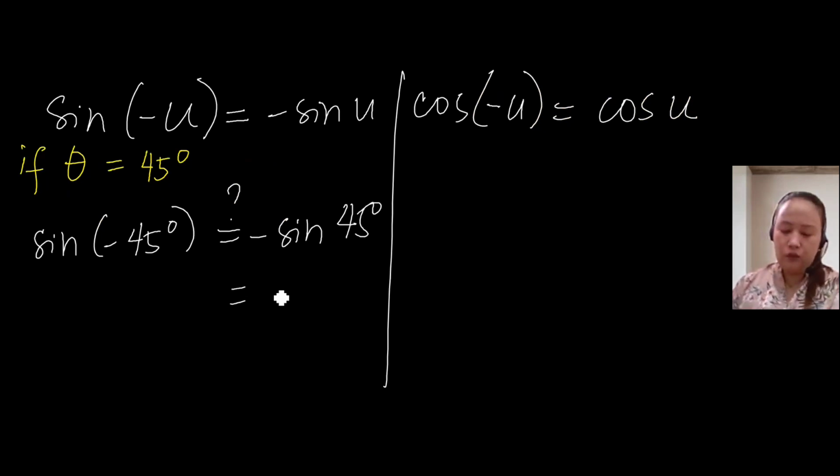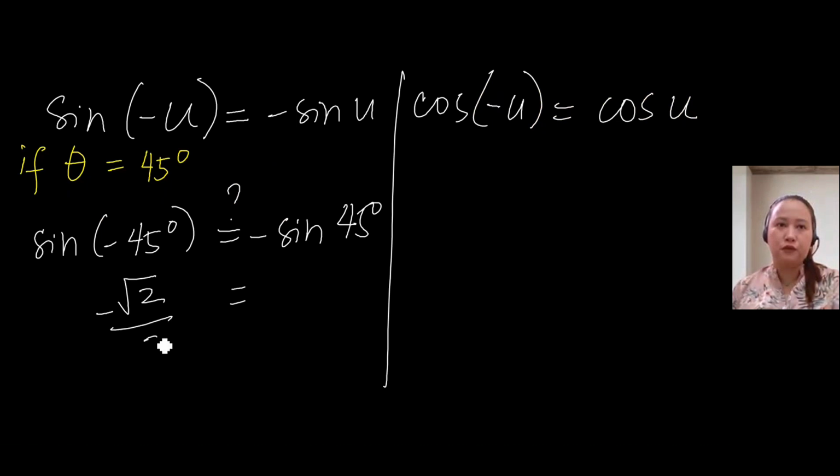Okay. So you can use your calculator. Be sure that you change the mode into degree. So we have sine of negative 45 degrees. The answer is negative square root of 2 over 2. Then on the right side, we have negative of sine 45.